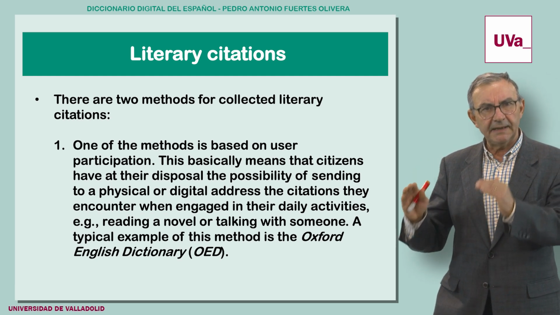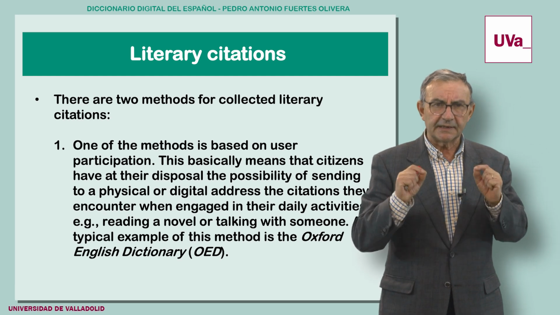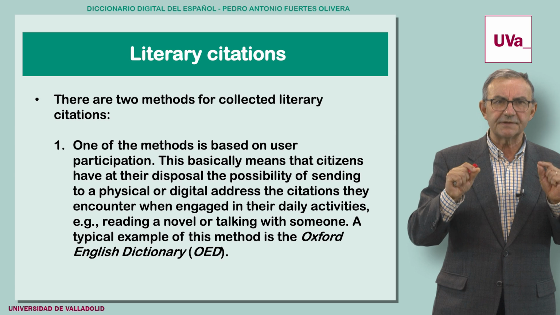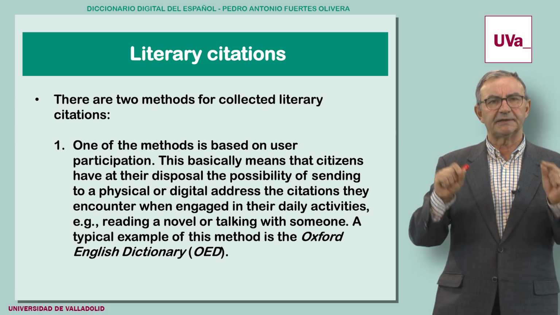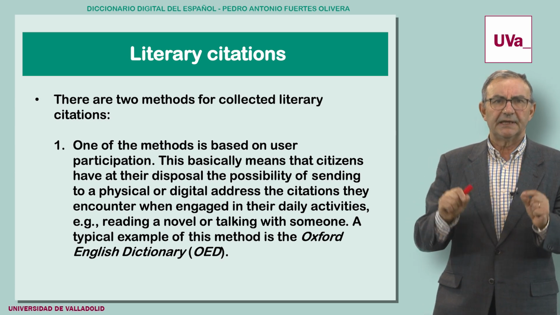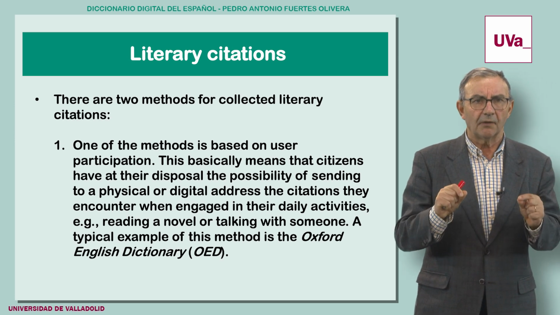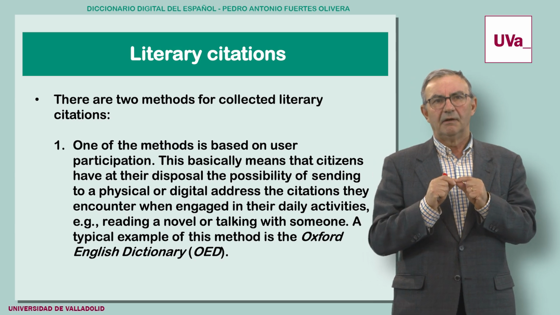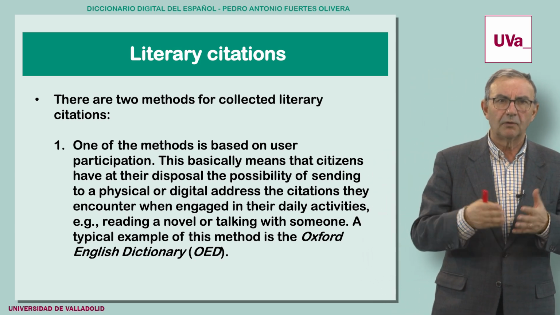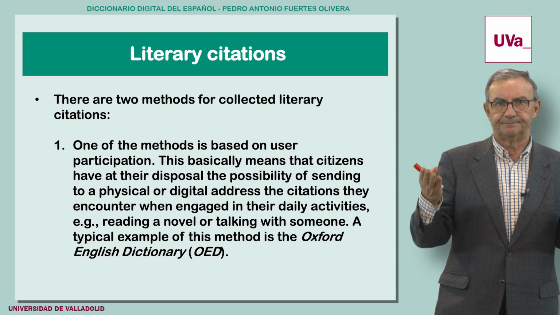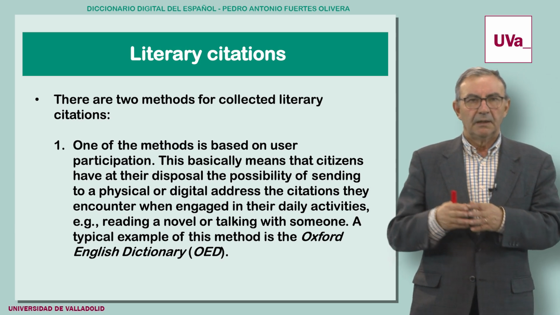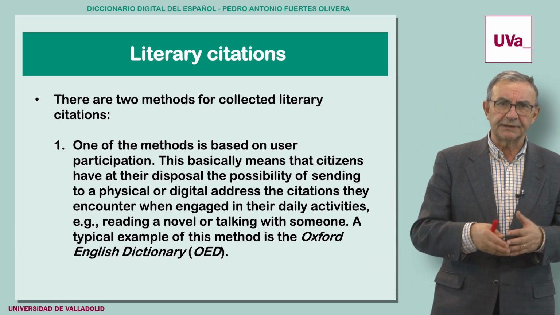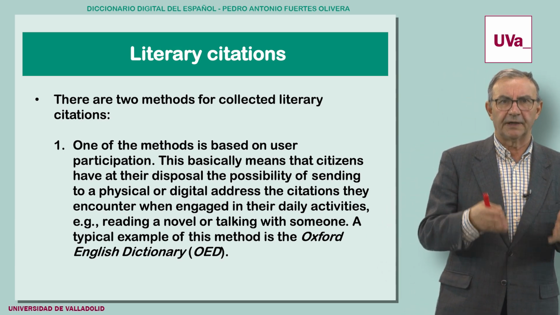This basically means that citizens have at their disposal the possibility of sending to a physical or digital address the citations they encounter when engaged in their daily activities, for example, reading a novel or talking with someone. A typical example of this method has been used in the compilation of the Oxford English Dictionary.